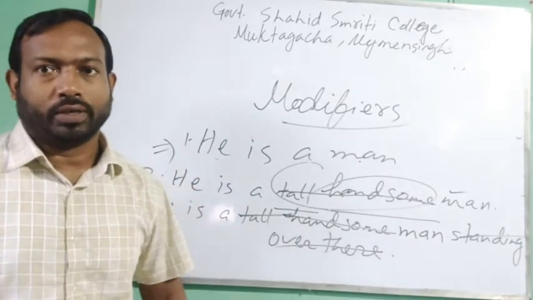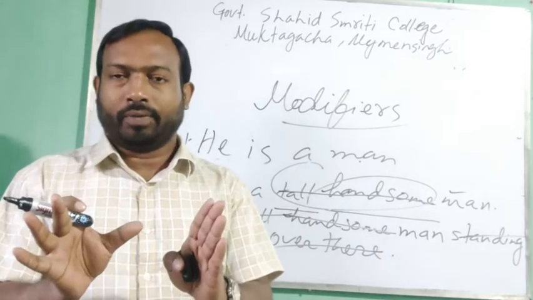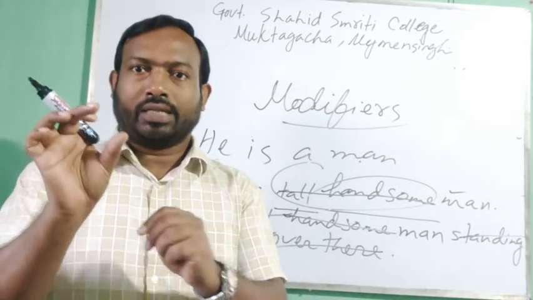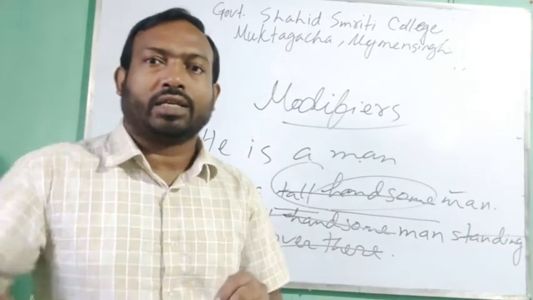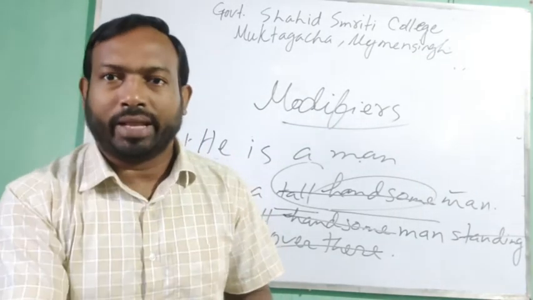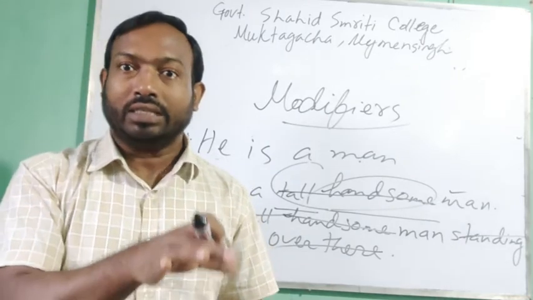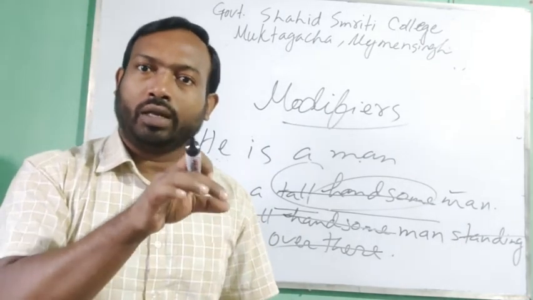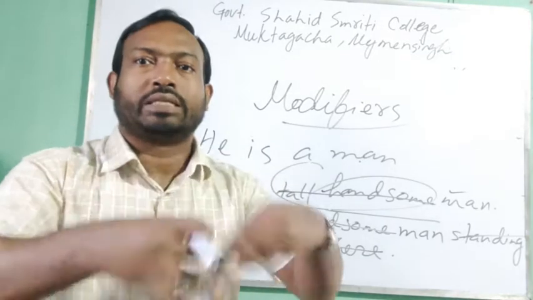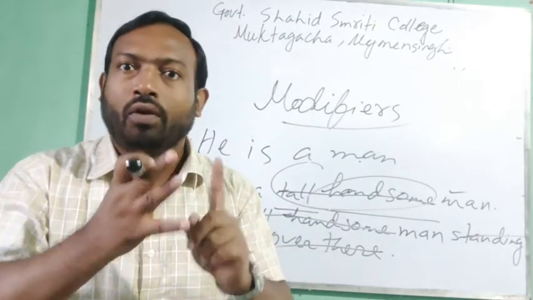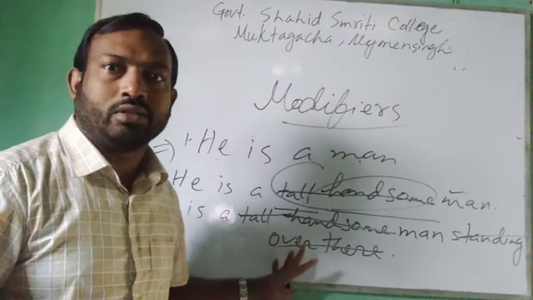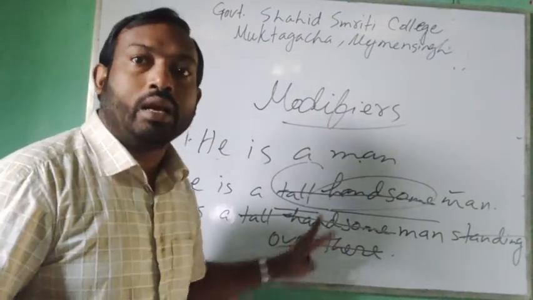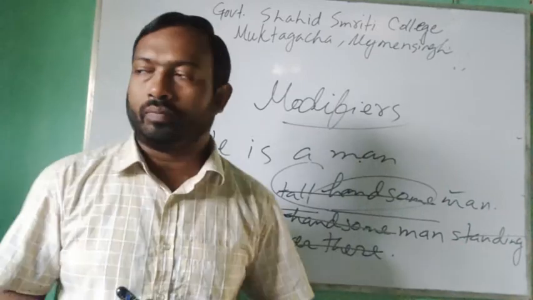So modifiers are the extra information that adds value, that specifies, that determines the identity of the word with which it gets associated, whether it is a noun, verb, adjective or adverb. So the examples I have given here are on what? Modifiers of noun.